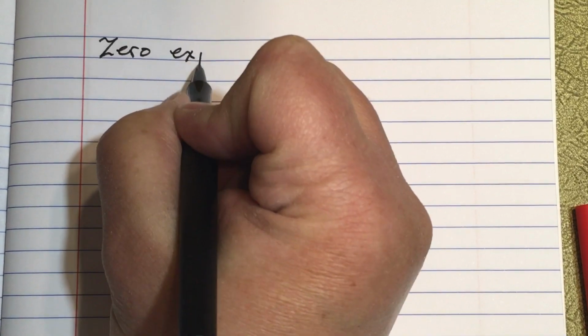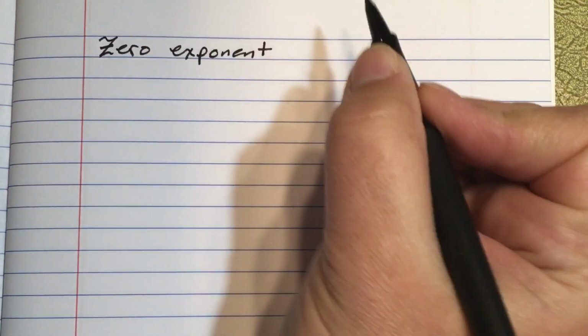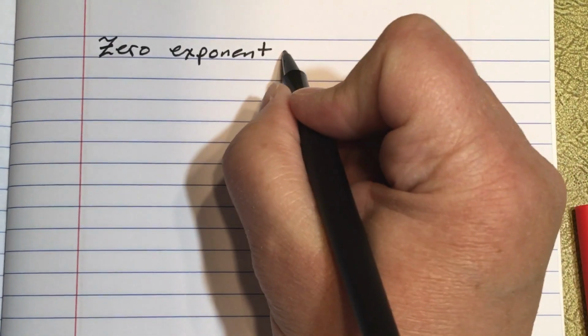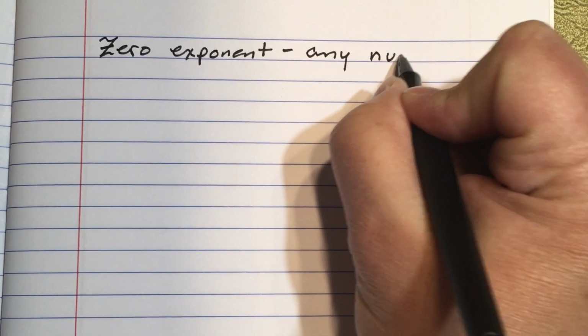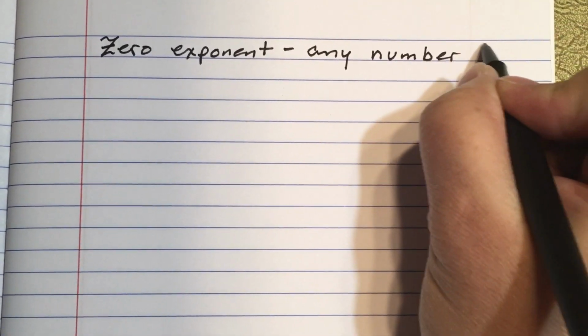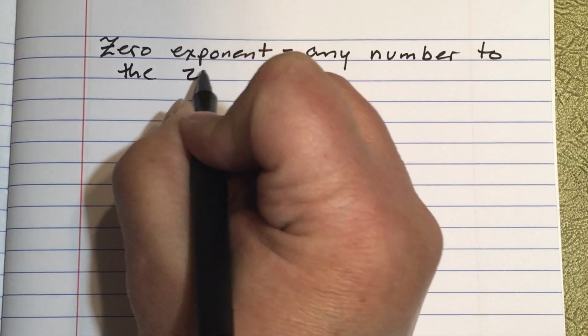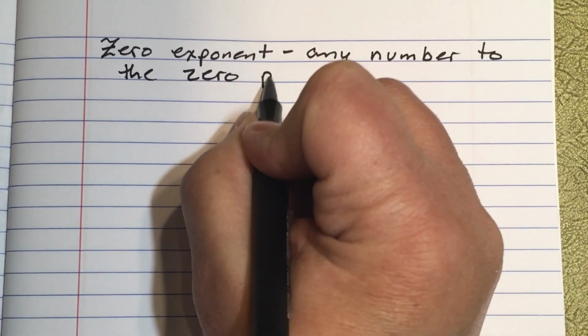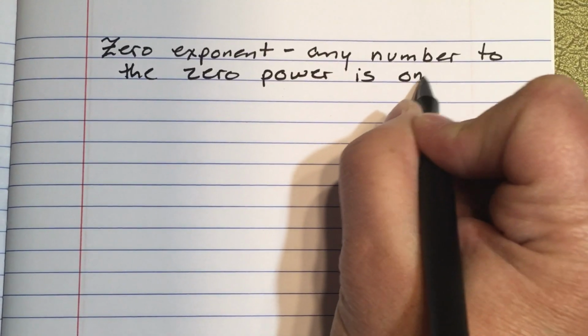Here we go. The 0 exponent says any number to the 0 power is 1.